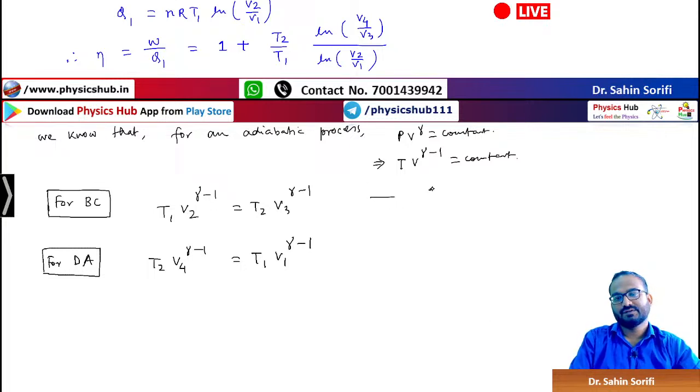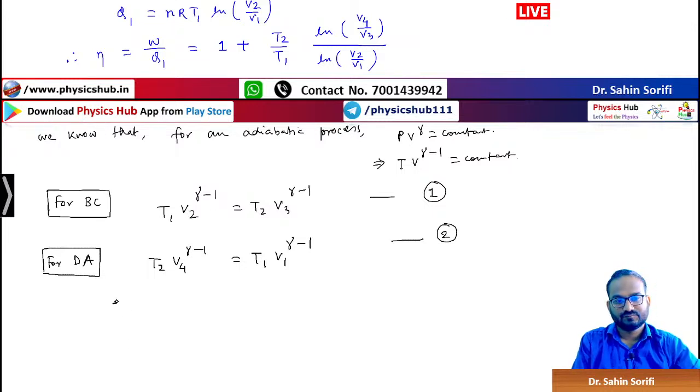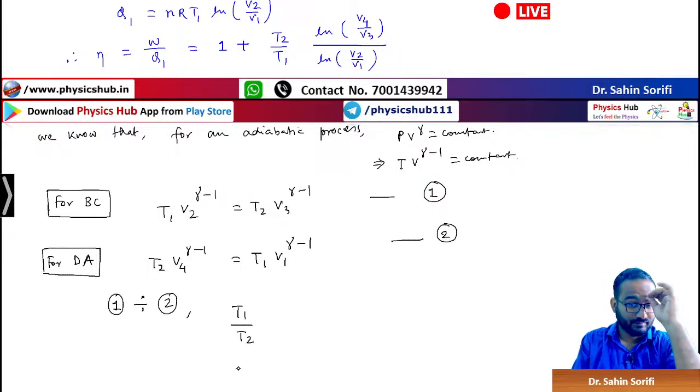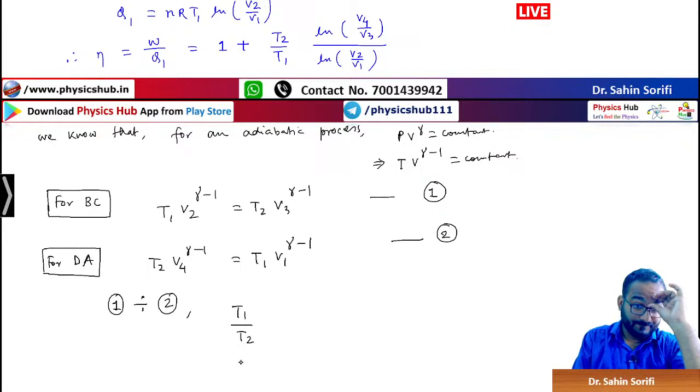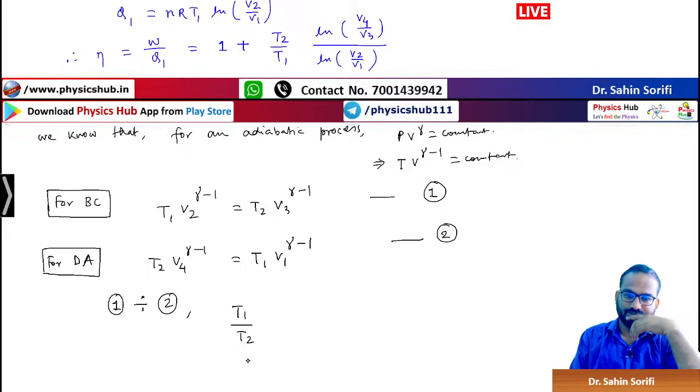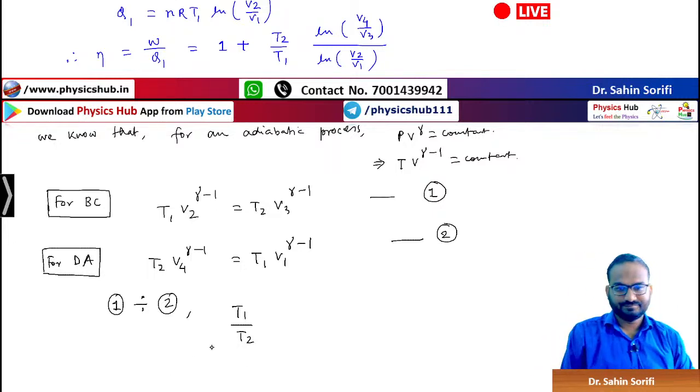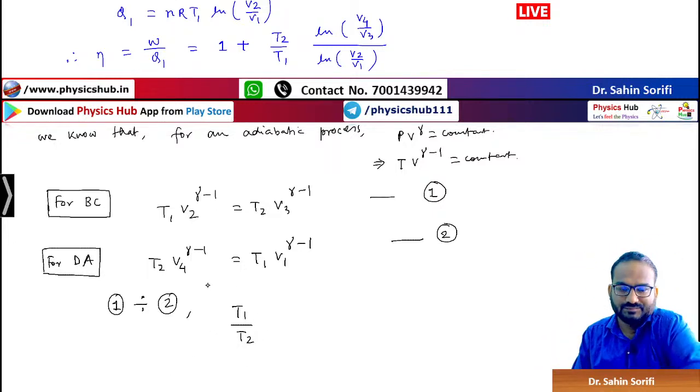If I call it equation number 1 and this equation number 2, if you take the ratio, 1 by 2, what you get? T1 by T2 is equal to T2 by T1. We can write it the other way around.